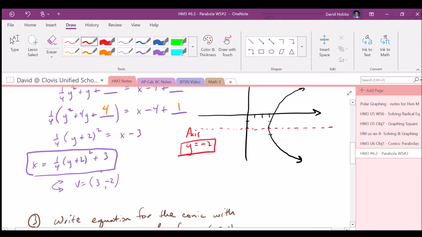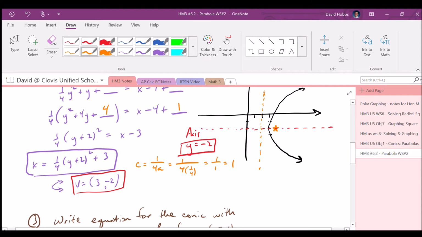Here's my vertex. I need the c value. So c is 1/4a, which is 1/4 times, okay, the a value is 1/4. So that's 1/1. C is 1. So there's a distance of 1 from the HK to the focus. And that means there's a distance of 1 from the vertex, the HK, to the directrix.